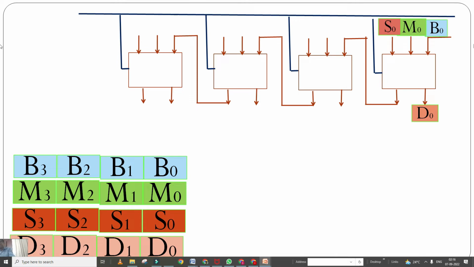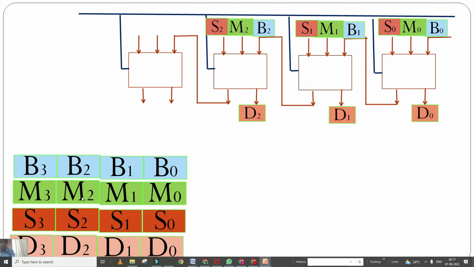So this is B0, the initial borrow input, M0 and S0, because it operates bitwise, so we have to write it in this way. Now this is for bit 1, this is for bit 2, and this is for bit 3. So it is a 4-bit subtractor.